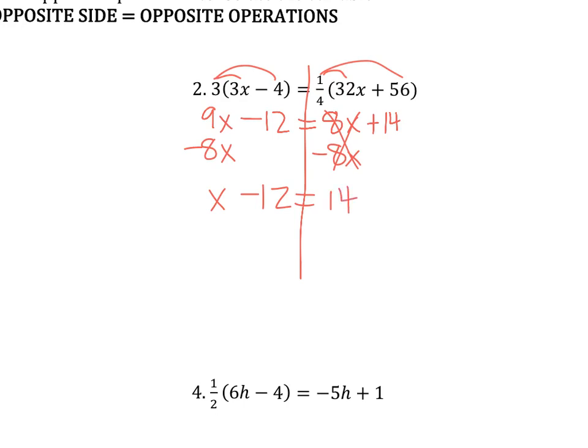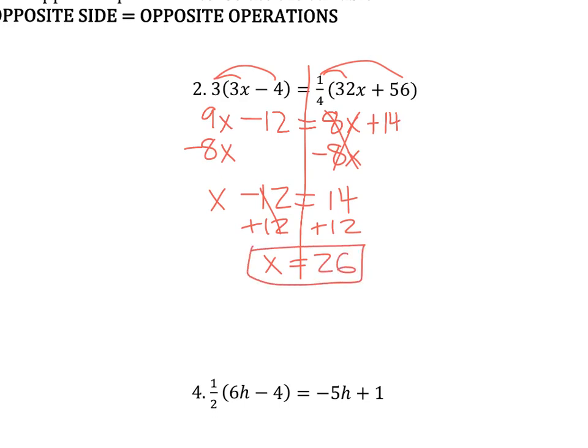So now that I brought variables to the left, you got to make sure and take numbers to the right. So it doesn't really matter what side you take stuff. You just have to make sure it's on opposite sides. So since the regular x came to the left, the regular numbers need to go to the right. So an opposite operation to get rid of negative 12 would be plus 12. And I end up with x equals 26.